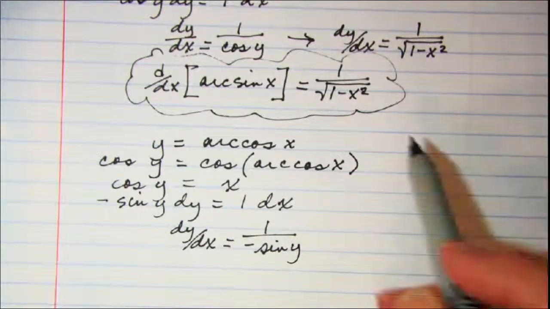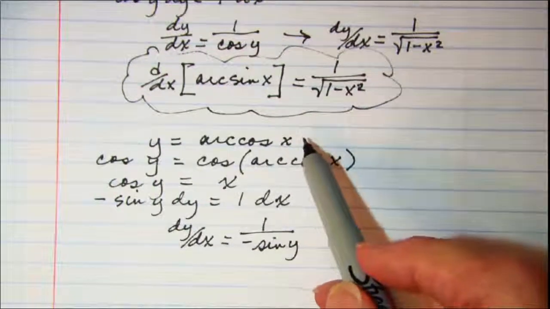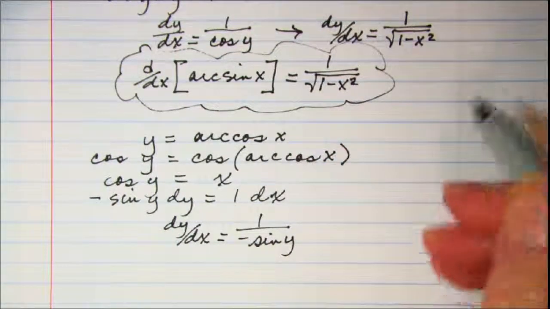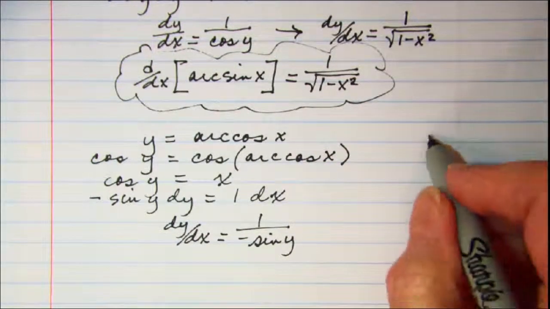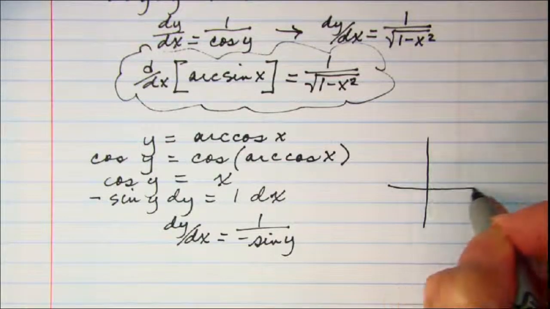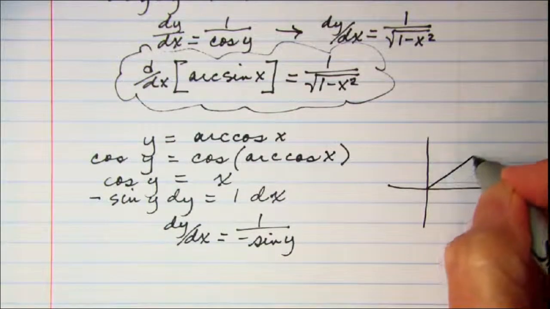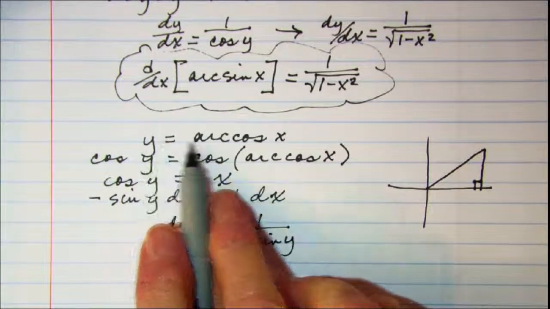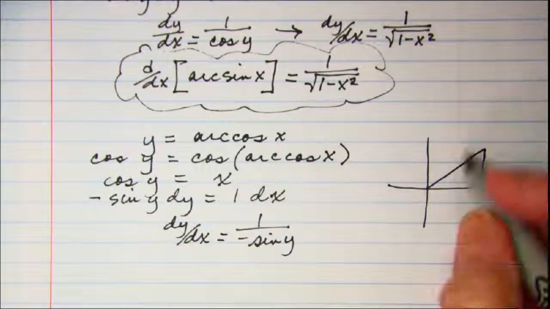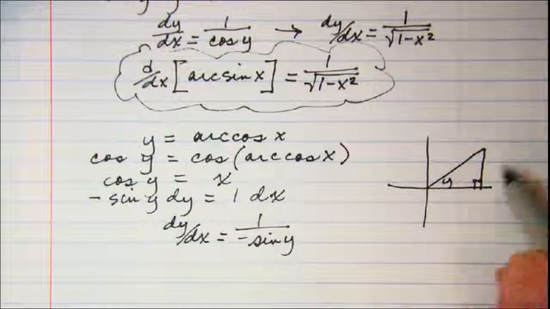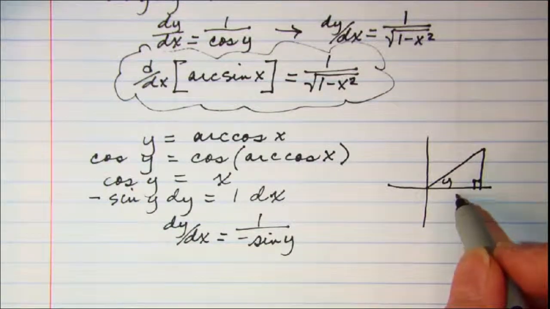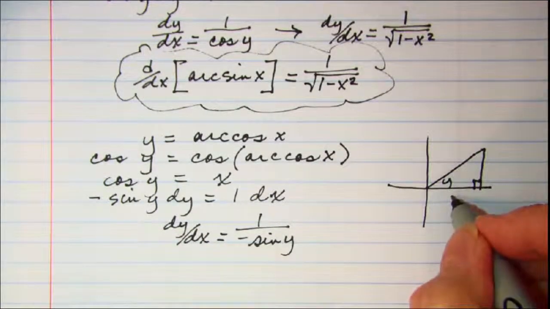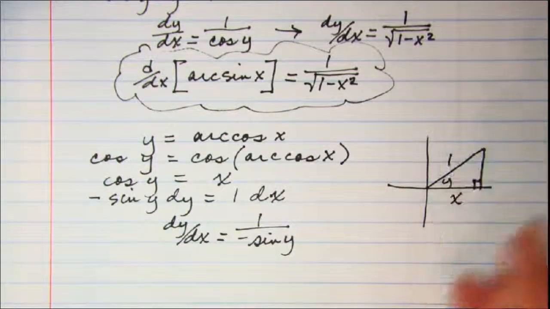Now let's get our reference triangle for y equals arccosine x. y is the angle whose cosine is x, so y is the angle, and the cosine is adjacent over hypotenuse, so x over 1.